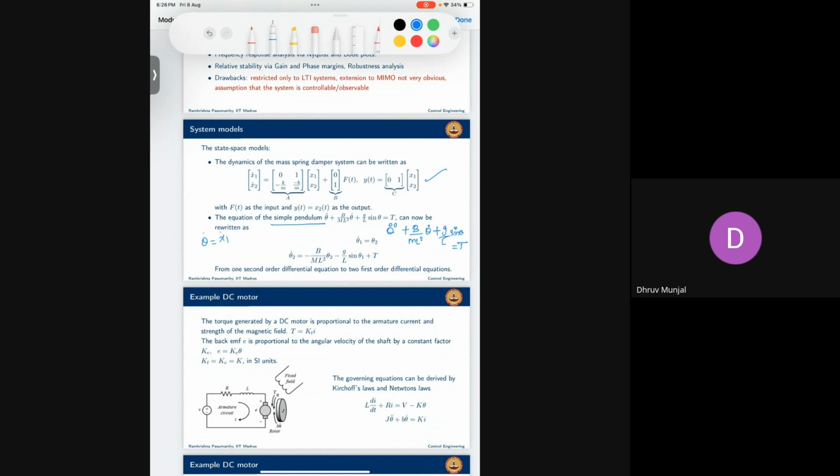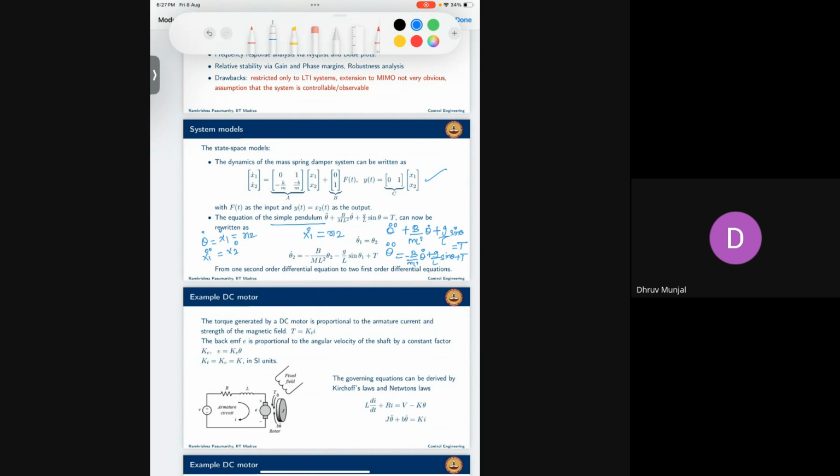Then theta dot is x1 dot, and x1 double dot is equal to x2 dot. So automatically my x1 dot is equal to x2, and x2 dot is equal to, keeping the second order differential equation here and moving everything aside, minus b by ml square theta dot minus g by l sine theta plus t, right? Now theta double dot would be x2 dot, and x1 dot is equal to x2.